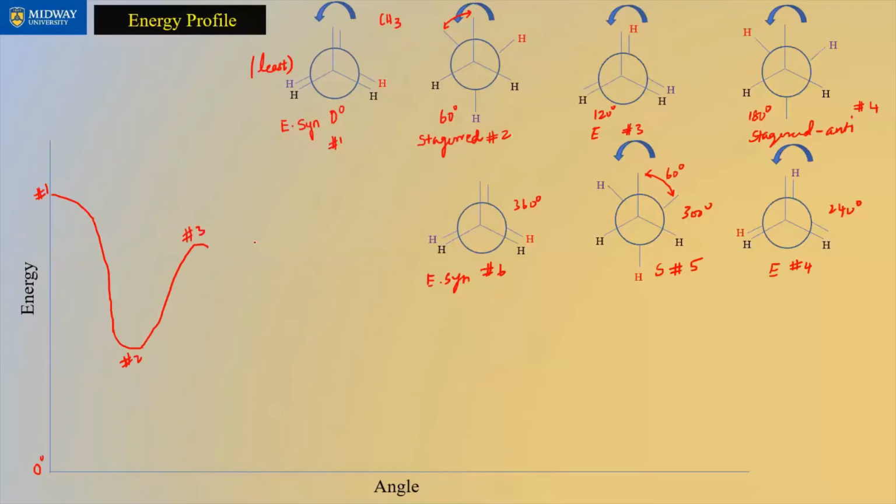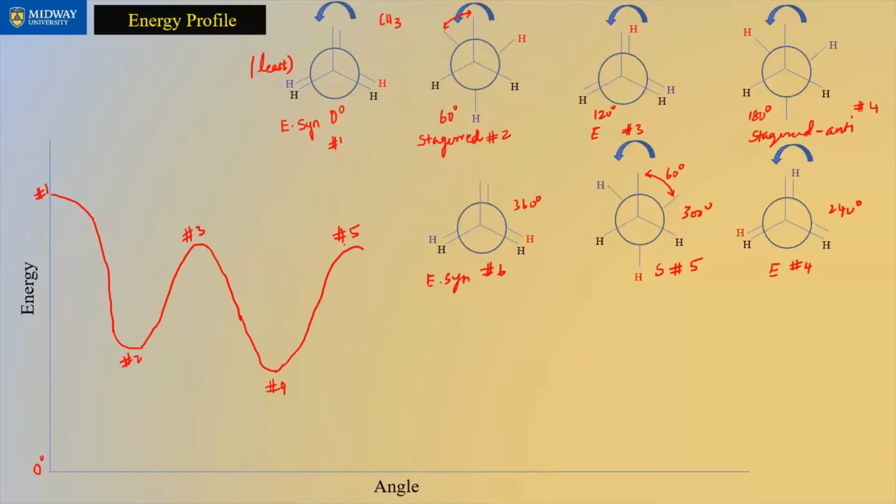And then we come down to the staggered anti, which is the most stable. So it should definitely have lower energy than number 2. So this is number 4. And then you go to number 5. Number 3 and 5 are almost exactly identical, so they should be at the same level.